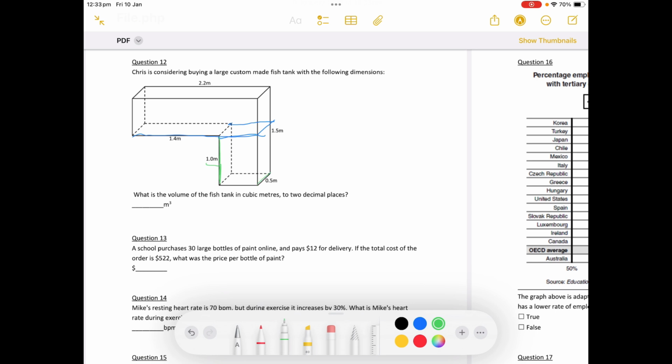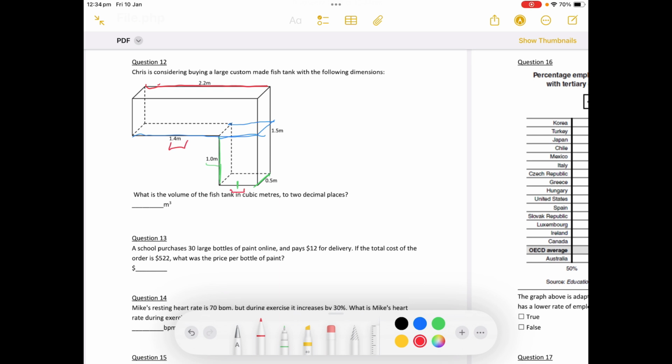I know that this side is 0.5 meters. Now I'm working out volume, so I need length times depth times height, for example, okay? So I need to figure out what this number is. Now if I have a look, this top side is the same length as this number here plus this number that I'm missing.